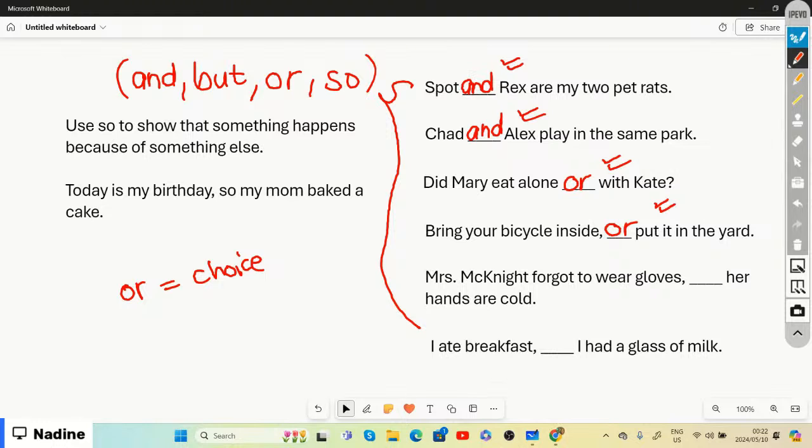Mrs. McKnight forgot to wear her gloves. Her hands are cold.